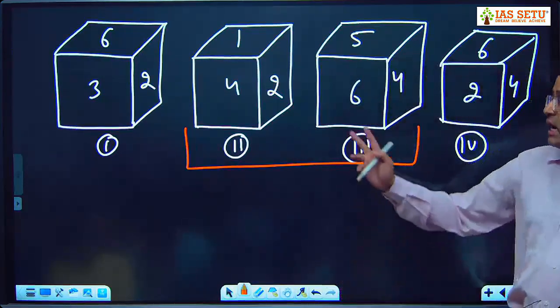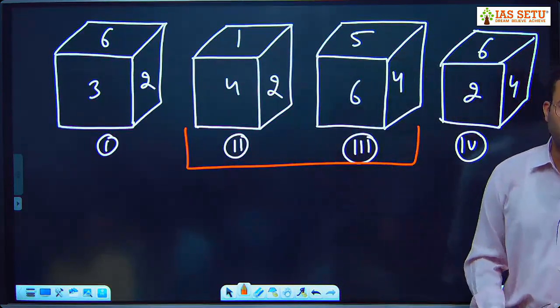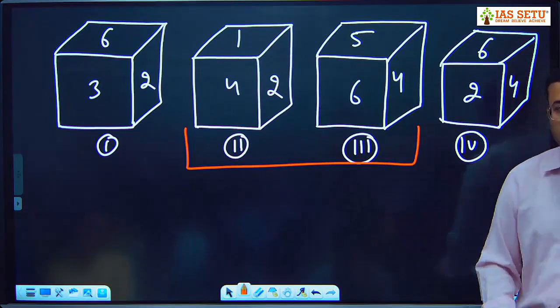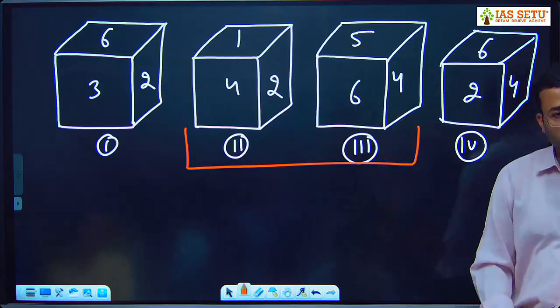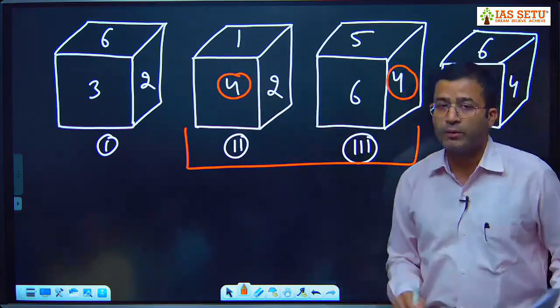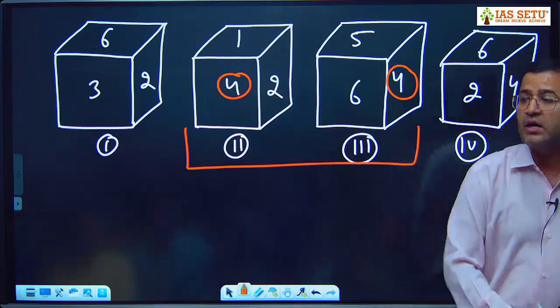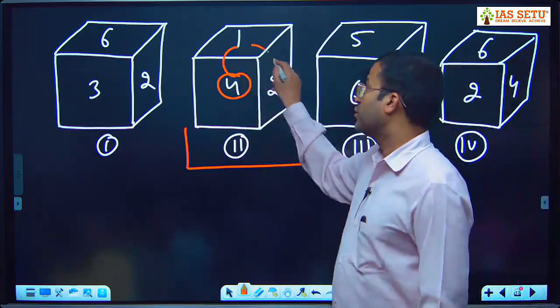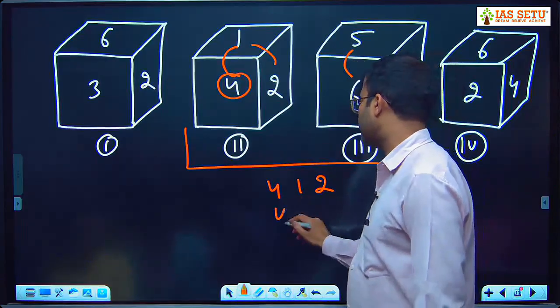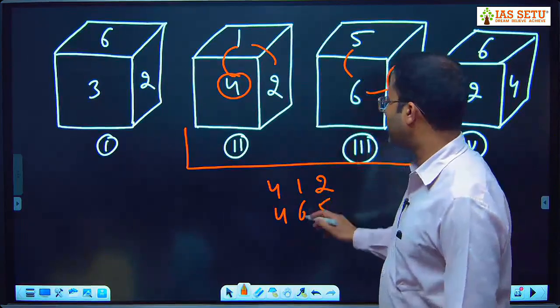They ask, are these two views sufficient to know which face is opposite to face number 6? Yes, because how many faces are common? Only one, that is 4. So here, if only one face is common, we can find all the 3 pairs by using the master method. So you can say this is 4, 1, 2. Here it is 4, 6, 5. And even you can say the answer is 1.